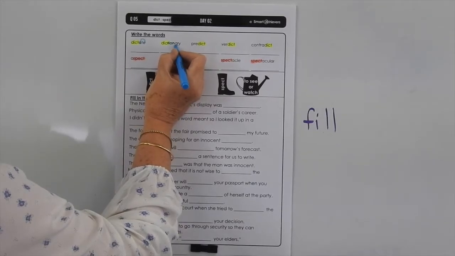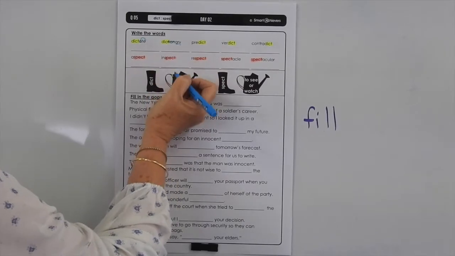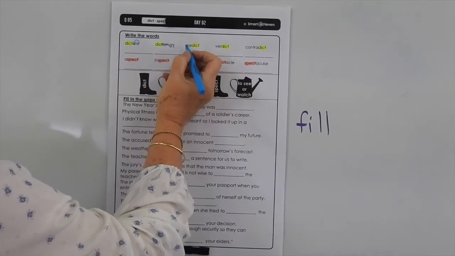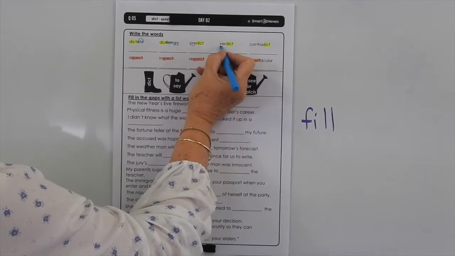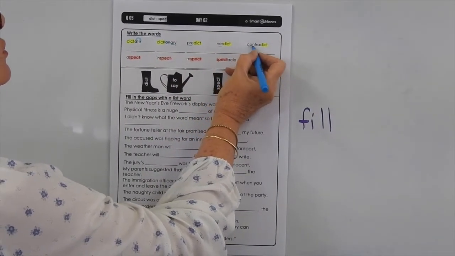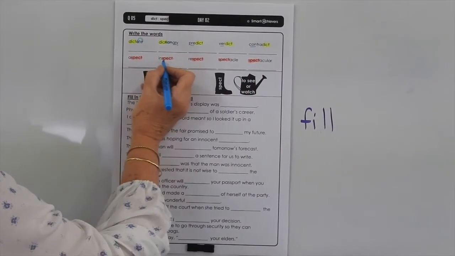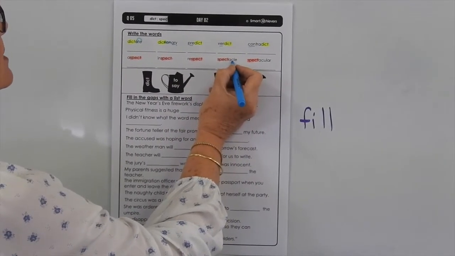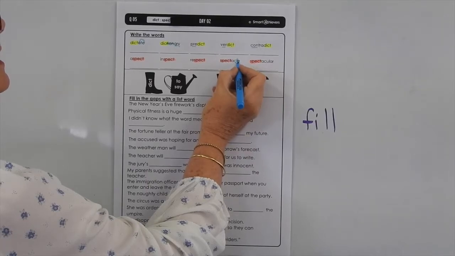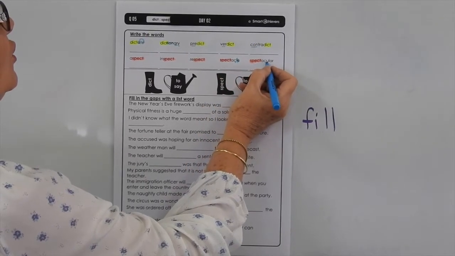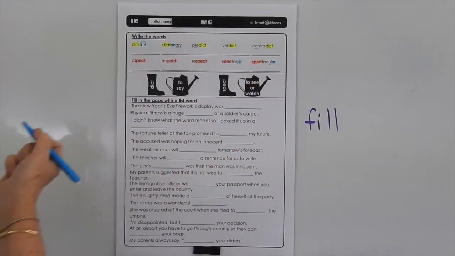Then you've got the AR for the R sound, and the Y, as is common, is making its long E sound at the end of that word. Predict, the prefix is pre. Verdict, got the prefix ver. Contradict, they're nothing special to look at. And spectacle, now because that C is making a k sound there, you follow it with LE. Spectacular, don't forget that U is in there, and you're using that AR ending there.